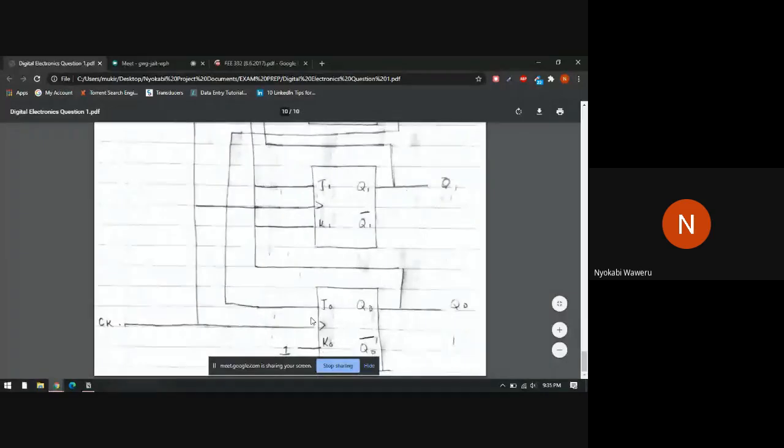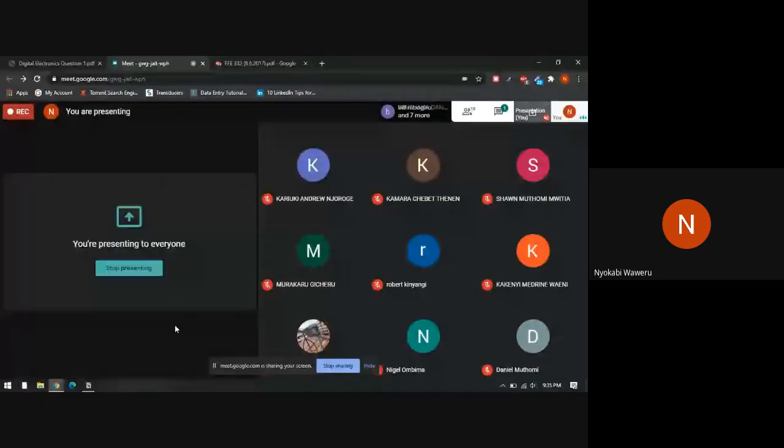I think we'll send that diagram to the group so that you can see nicely. So that's it from me. I think Kamara can present the other one. Are there any questions?